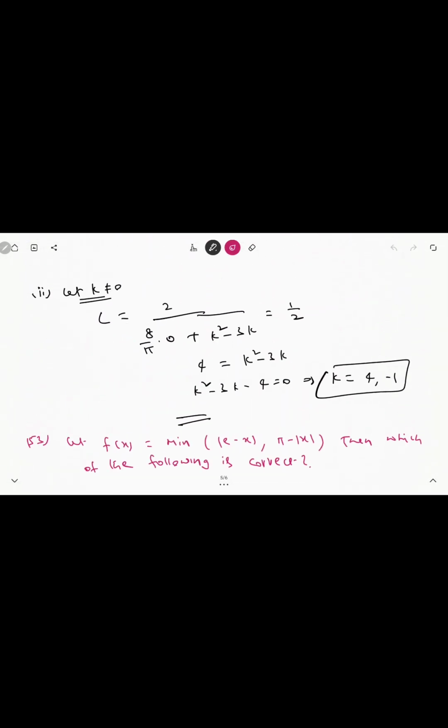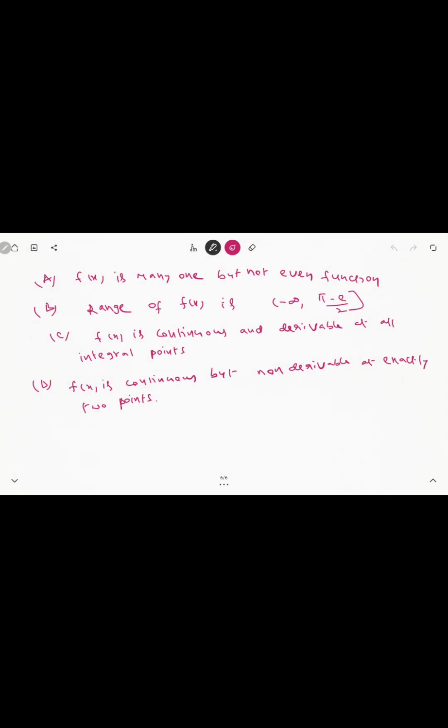Okay, 53rd one. Let f of x is equal to minimum of modulus of e minus x, comma, pi minus mod x. Then which of the following is correct? It is the type in one or more than one correct answers, or multi-correct. So f of x is many one but not even function, that is first option.